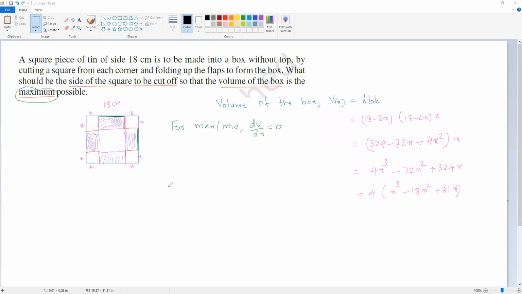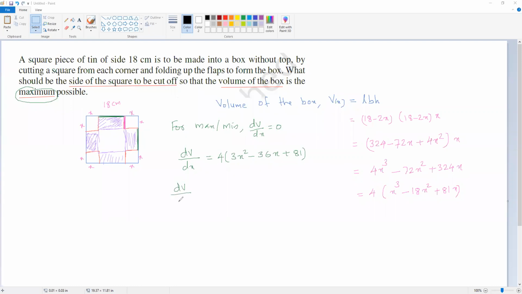So we have to find the critical points. So now dv by dx is equal to 4 constant. It is 3x square minus 18 into x square का derivative 2x, so 18 into 2, 36x plus 81.